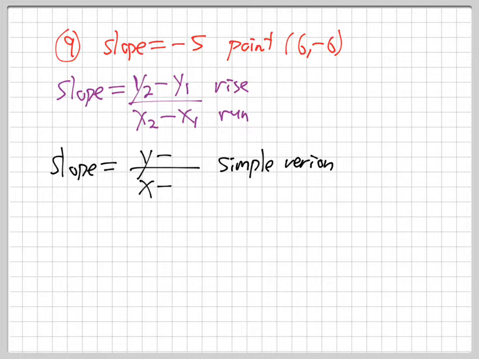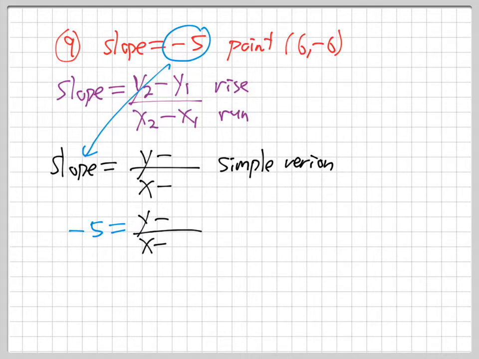What do I mean? I mean you grab this slope of -5 and that'll go right there because that's slope. So it'll be -5 equals. And then on the other side, you just grab this point. And remember, these two numbers are going to plug in behind the x and the y, where the blanks are, the y minus blank and the x minus blank. And where do you think the first one goes?